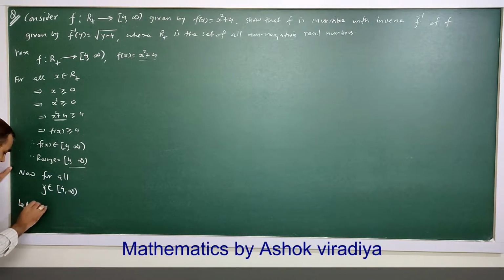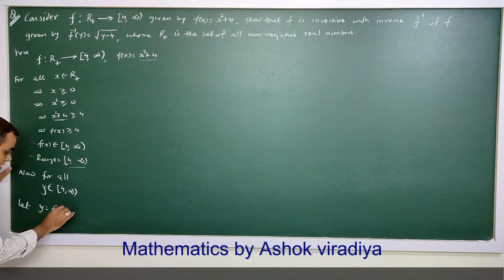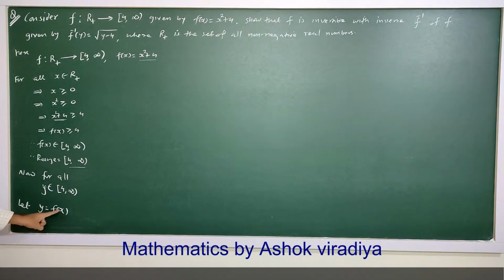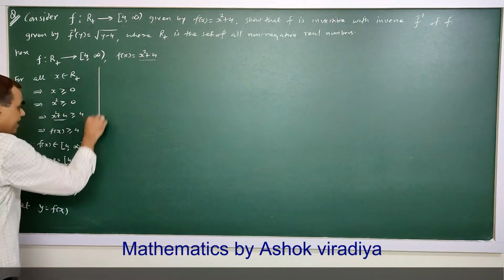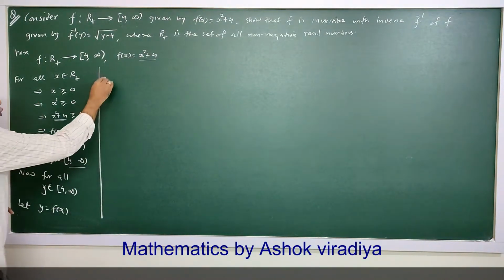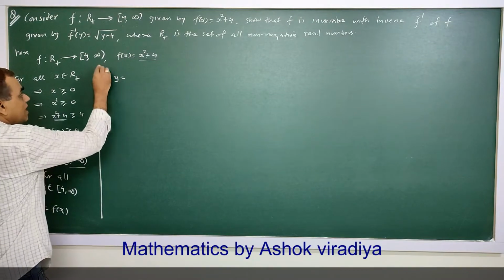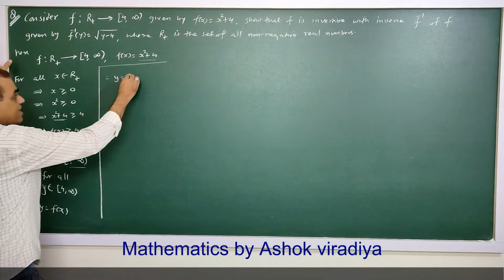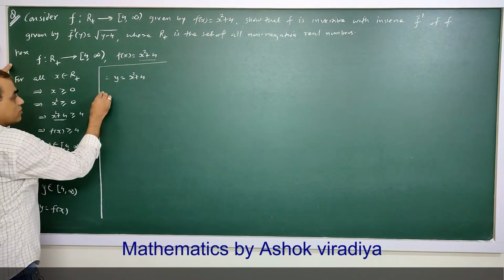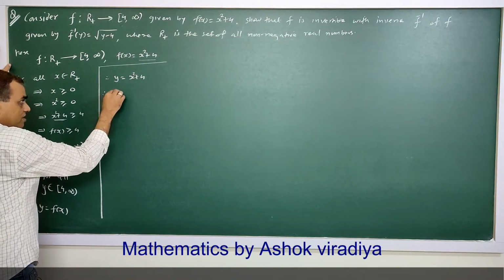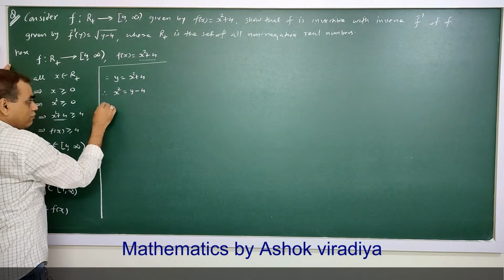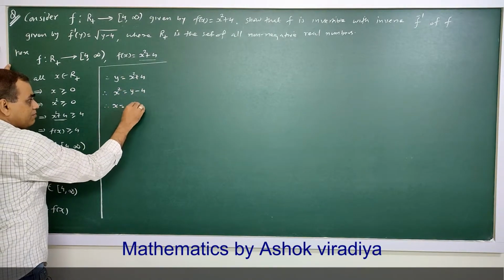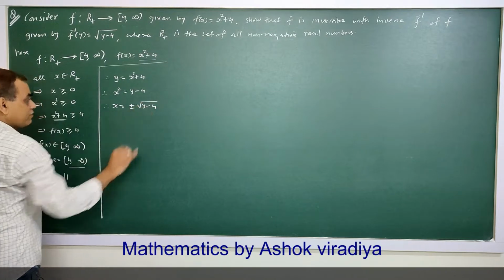So suppose y is the image of some x, where x is in the domain of function f. From this statement we find the value of x. y equal to f(x), so y is equal to x square plus 4. Therefore x square is y minus 4. So x is plus or minus root y minus 4.